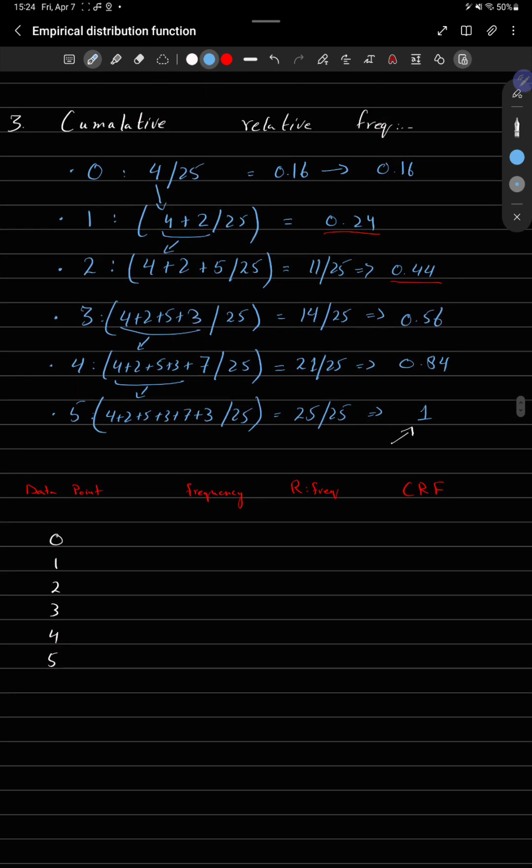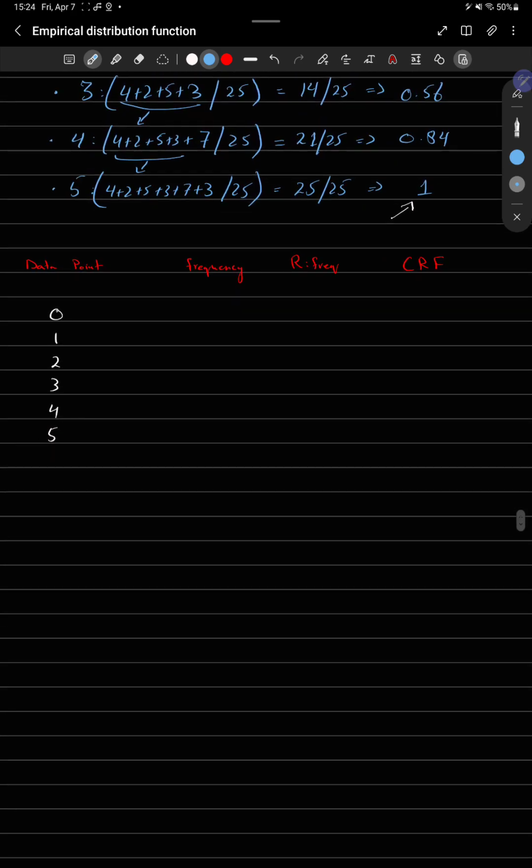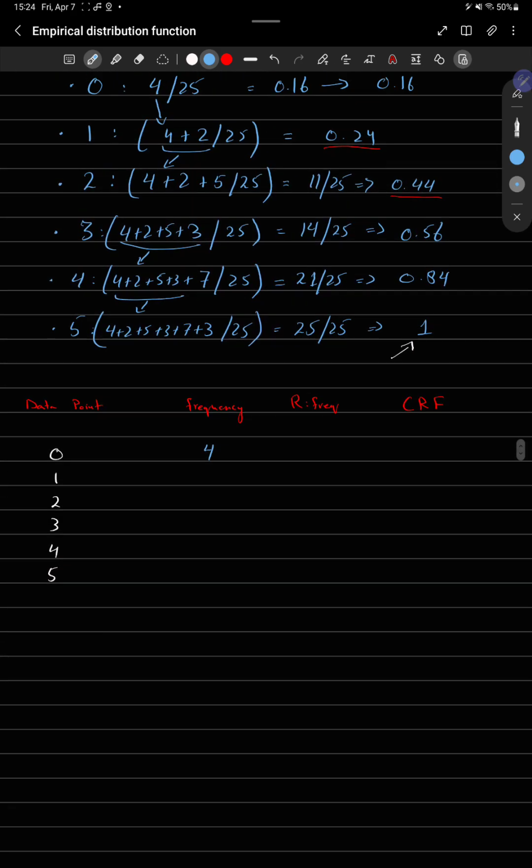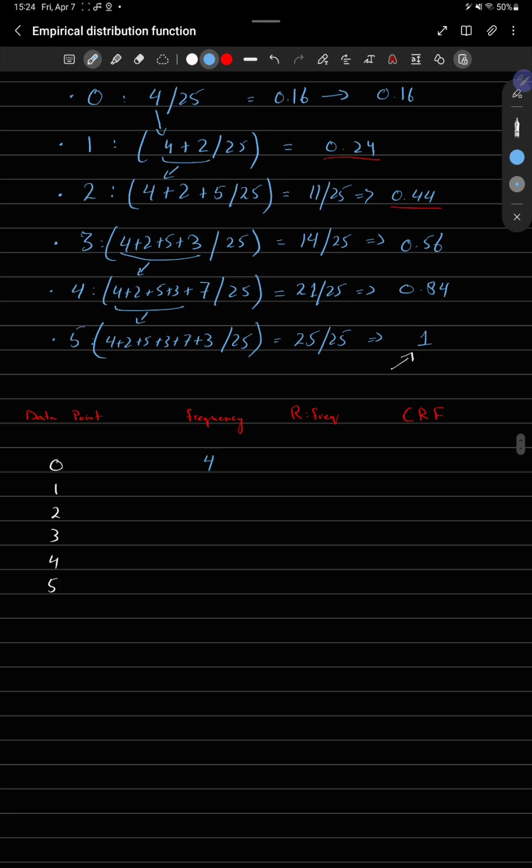How many times we got 0? We got 0 4 times. We got 1 2 times. 2 we got 5 times. 3 we got 3 times. 4 we got 7 times, and 5 we got 3 times. This is the number of digits we have in this sequence in data points.